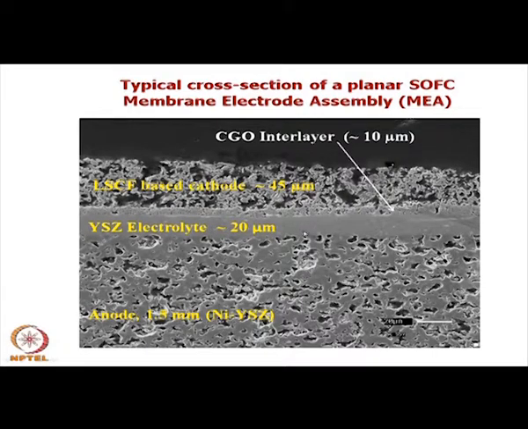In this particular case it is about 20 micron thick. In addition, we have a fourth layer here which is called the cathode functional layer. In this case it is about 10 micron thick, and it is basically a gadolinium doped ceria, CGO, interlayer. So, this is the typical structure, and of course, it is a single cell.